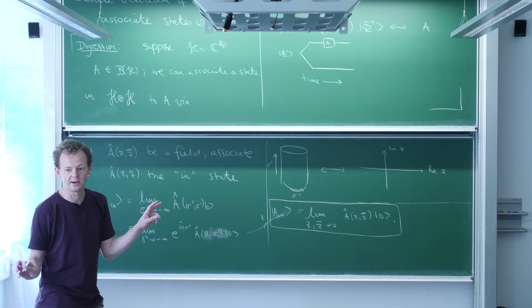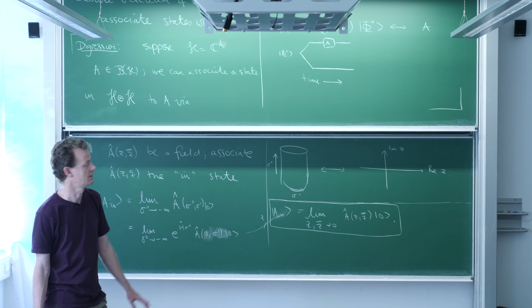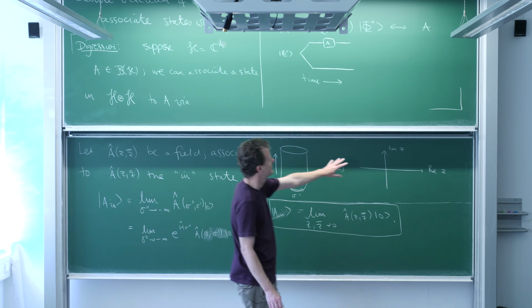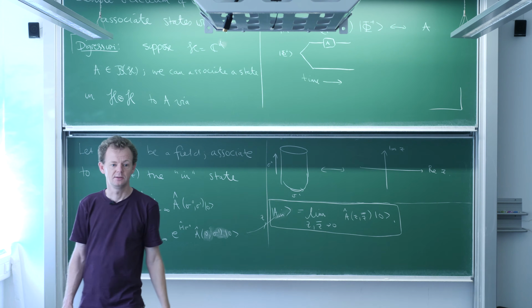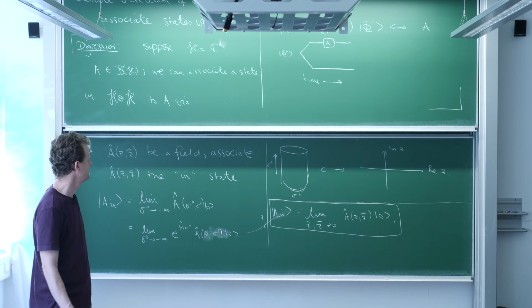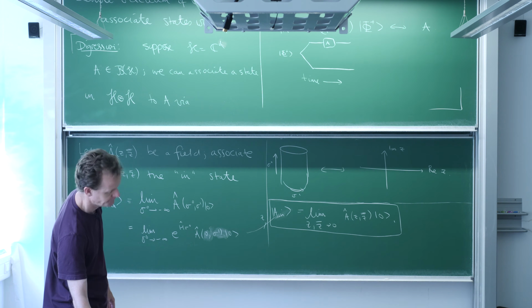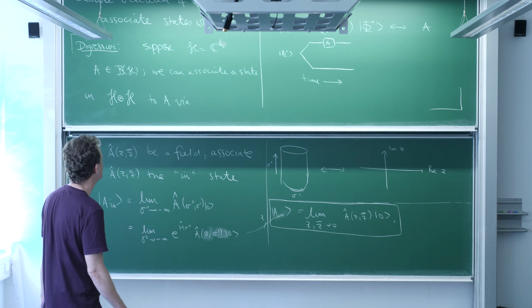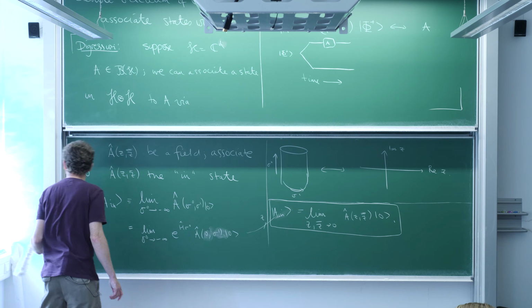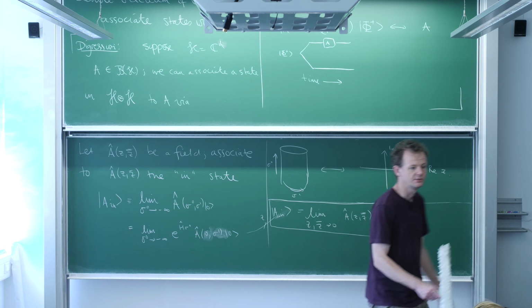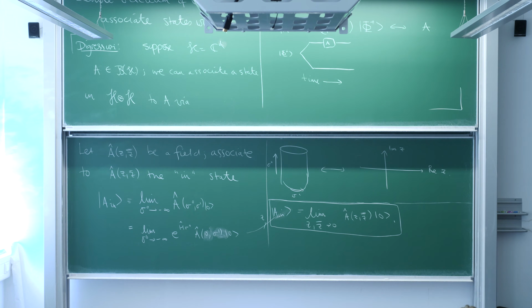And because there's only one infinity, when you compactify the complex plane, we're doing things on the Riemann sphere, there's only one state that comes out of this. And we'll call that A in. So that's one state that we can associate with an operator A.